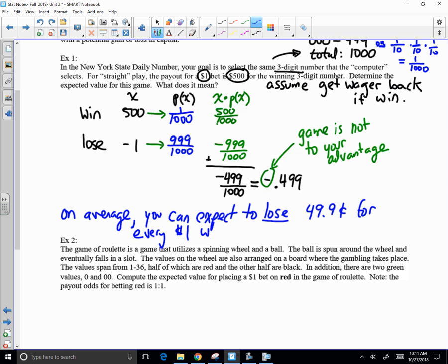I'll say wagered instead of spent, because spent often implies you're getting something for your investment. In this case, not often. So it has to do with this number here.